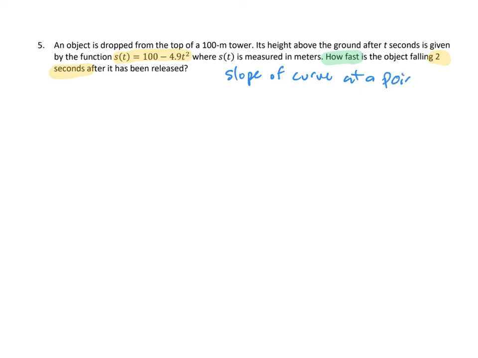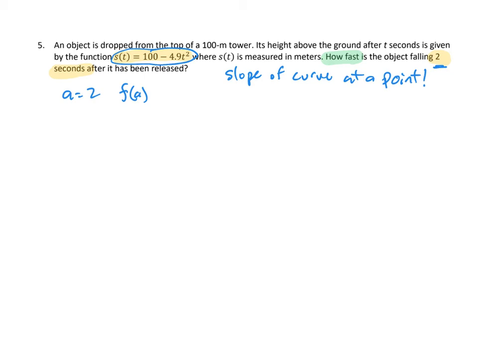So this is very similar to number 3. We're doing the slope of the curve at a point. The curve that we're interested in is 100 minus 4.9 t squared. You can imagine that t is an x. And the value of a that we're interested in is 2 seconds. So just make a note that a is 2. If you want to go ahead and compute f of a right now, or s of a, I should say, that would be 100 minus 4.9 times 4.